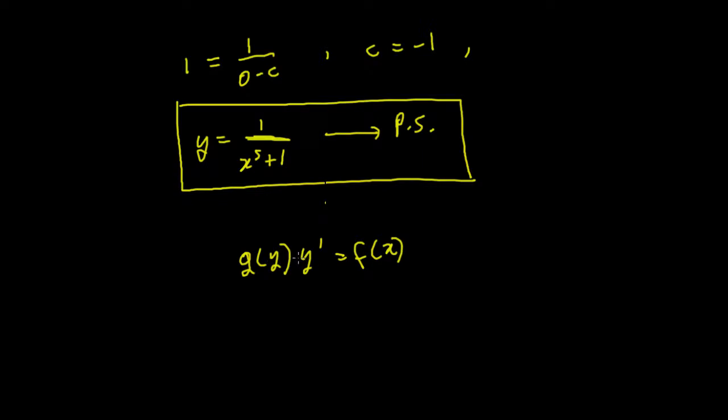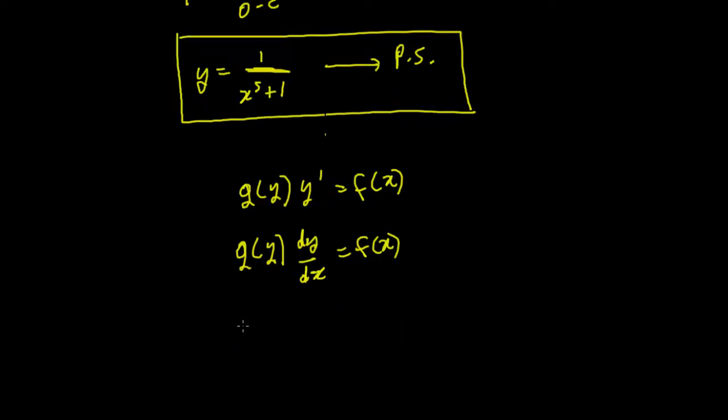Now what we did was note that y derivative is the same as dy by dx, so you end up with g of y times dy by dx equals f of x, and then we took the dx up, so we got g of y dy equals f of x dx.